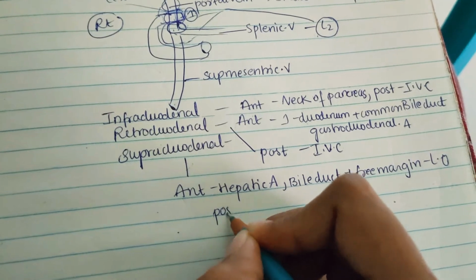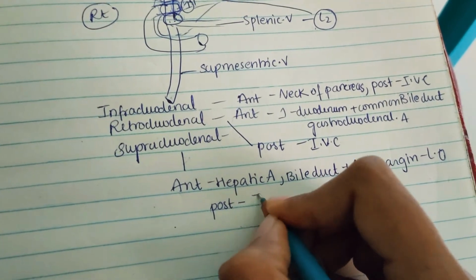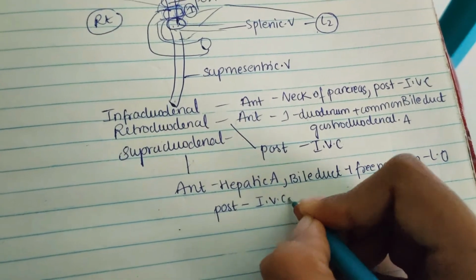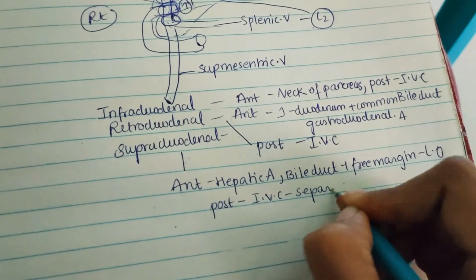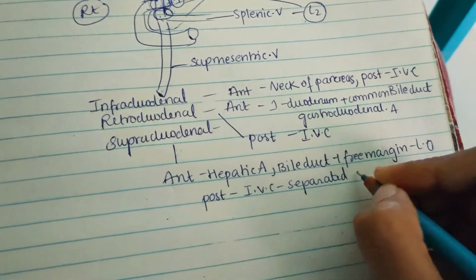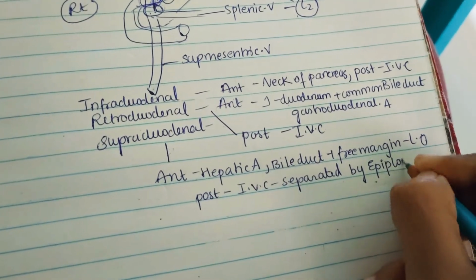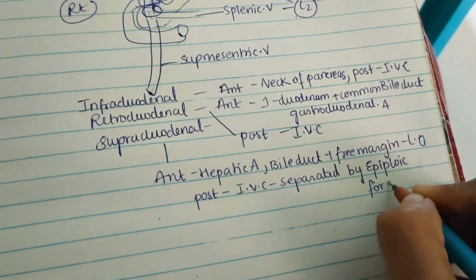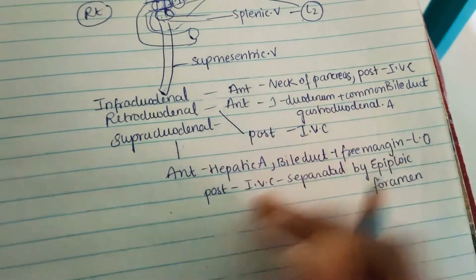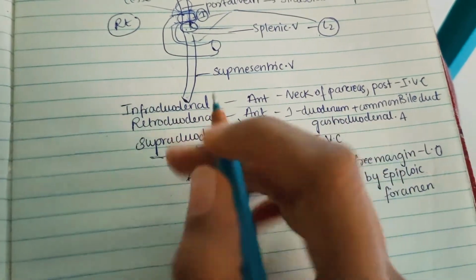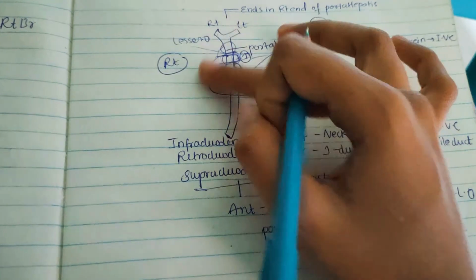And posterior to the supraduodenal part you will have the inferior vena cava, which is separated by the epiploic foramen. So these are the anterior and posterior relations of the supraduodenal part. So the three parts of portal vein.